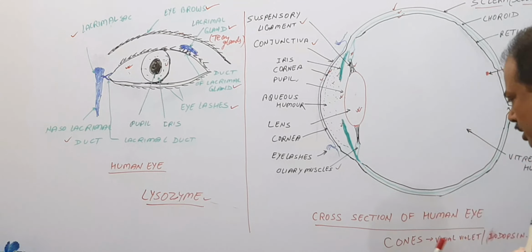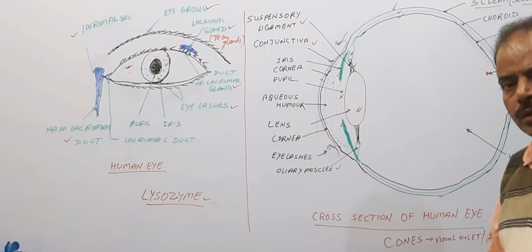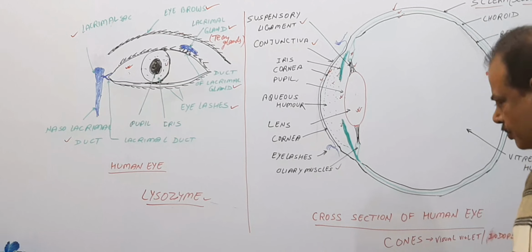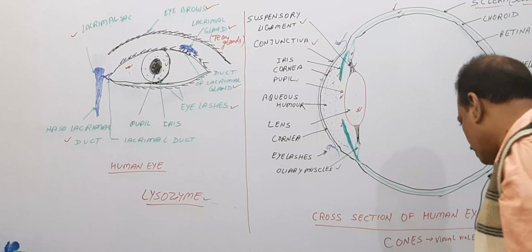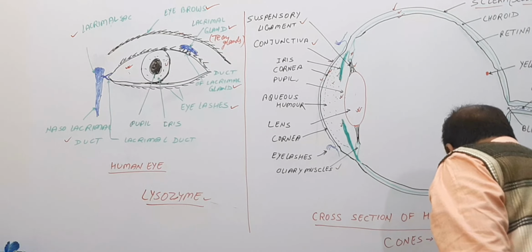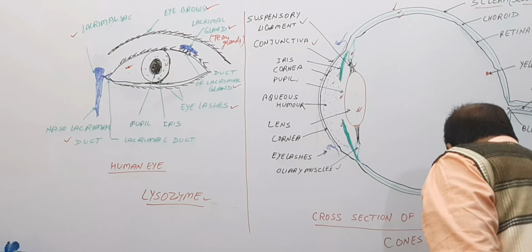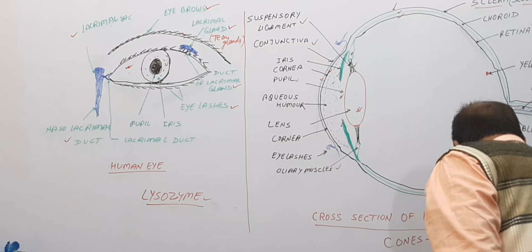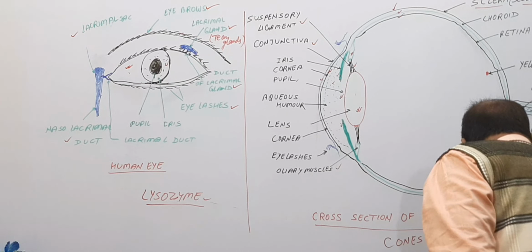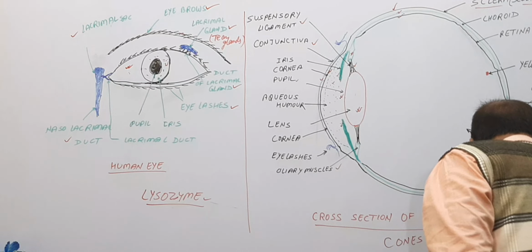Rods, their inner ends are rod-shaped. That's why these are known as rod cells or rods. And they have a pigment which is known as visual purple, which is also known as rhodopsin.